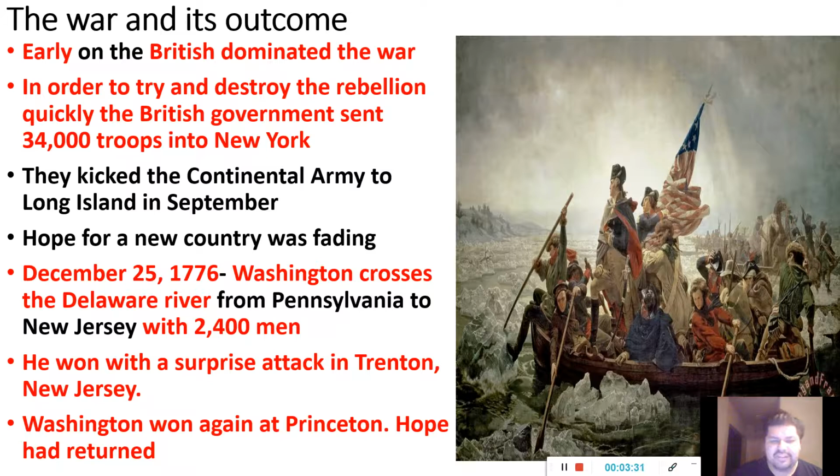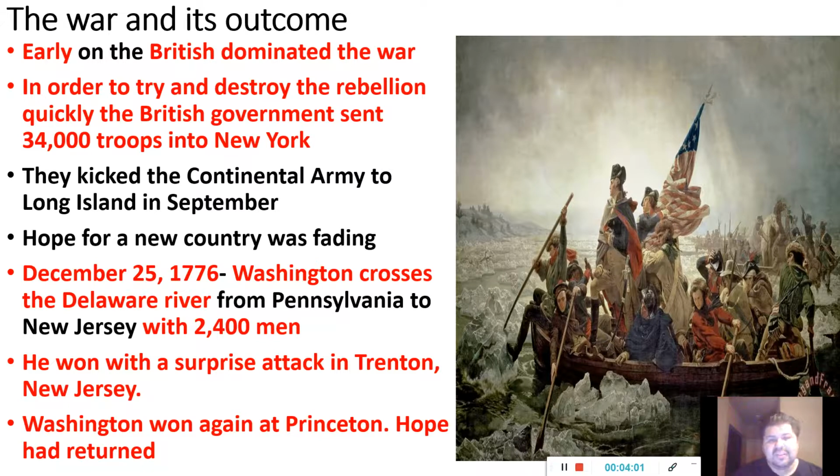Now, December 25th, 1776, Washington crosses the Delaware River from Pennsylvania to New Jersey, and along with him, he has 2,400 men. If you look at the date, December 25th, if you don't know, that is Christmas Day. So on Christmas Day, he's crossing the Delaware, and he does this surprise attack in Trenton, New Jersey, and they win that battle.